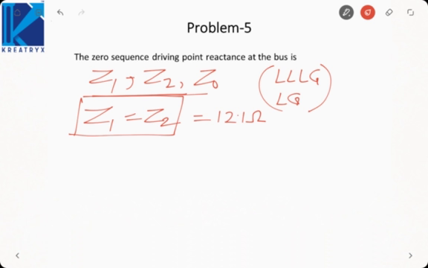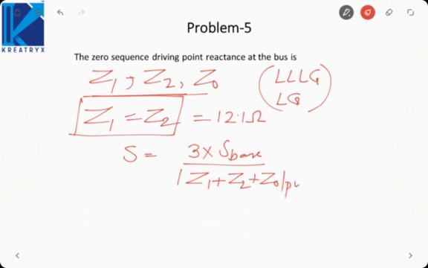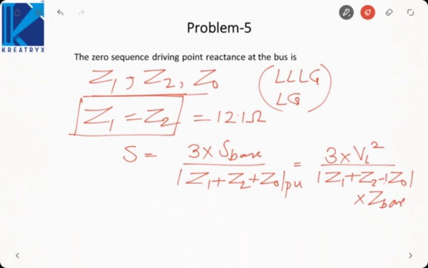Now we know the short circuit MVA for an LG fault is 3 into S base by mod Z1 plus Z2 plus Z0 in pu. Again replace S base by VLL square by Z base into Z base.